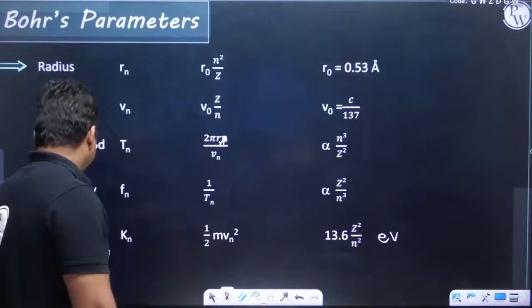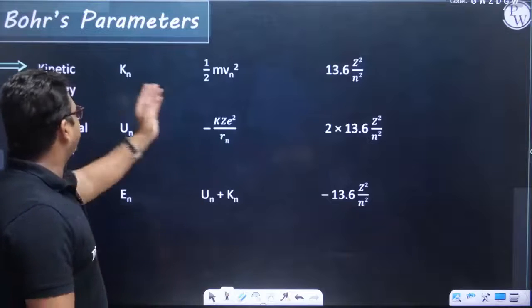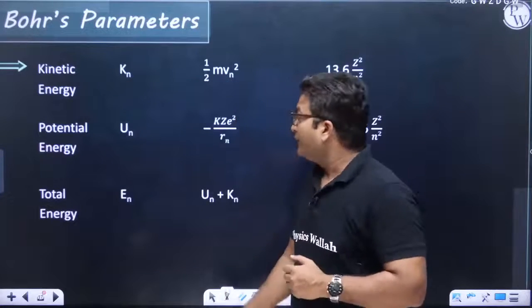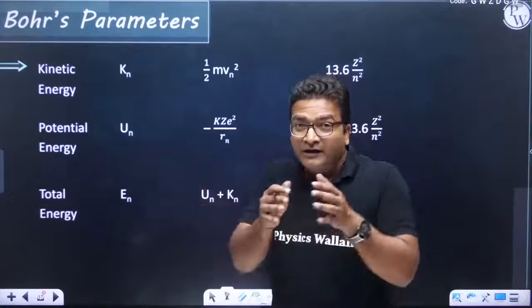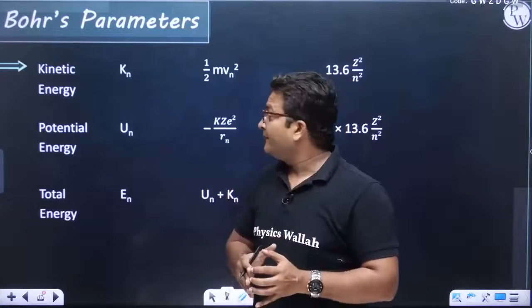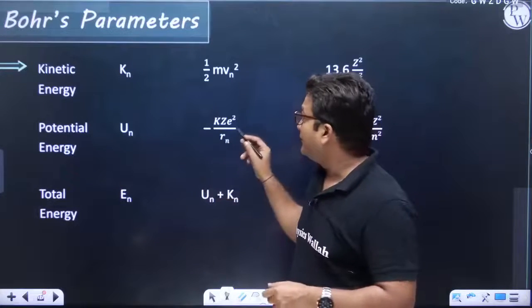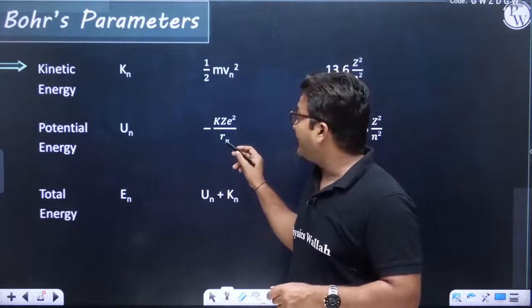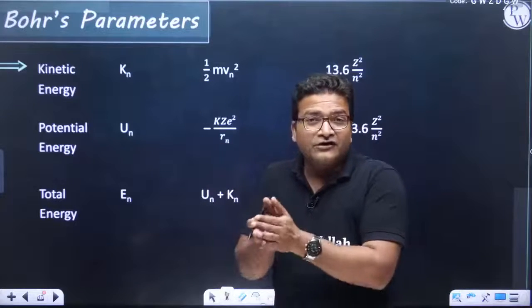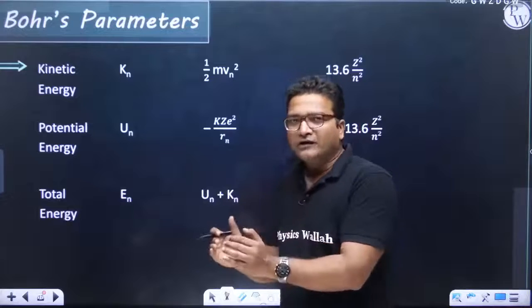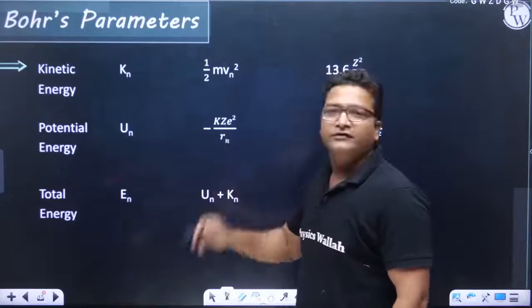Let's proceed. We know the kinetic energy. If we want to know the potential energy of the electron, it is given by k q1 q2 by r, where k is 1 upon 4 pi epsilon naught, and q1 q2 is Ze square, divided by r. As the nucleus is positive and the electron is negative, we have negative potential energy.